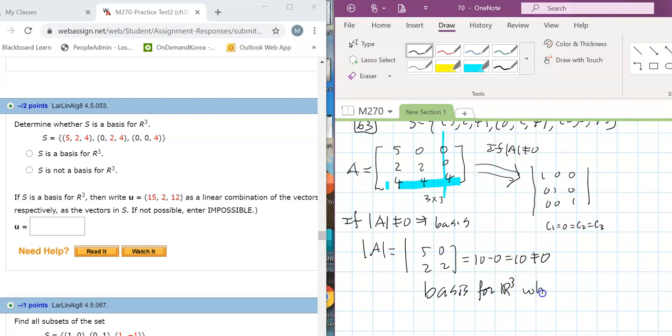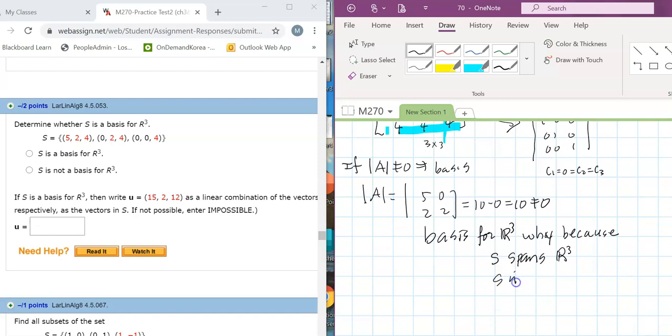Why? Because S spans R3, and S is linearly independent. So it is a basis for R3.